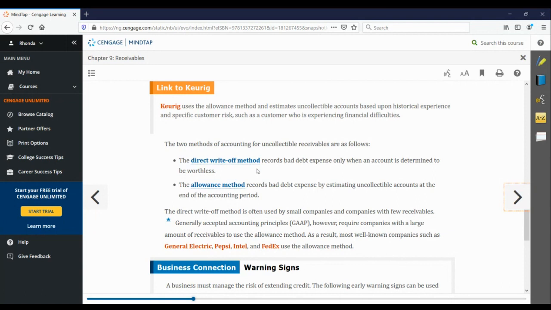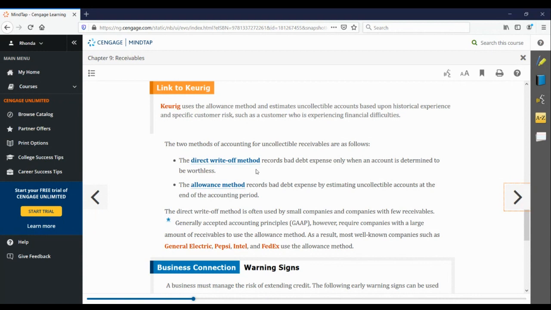The direct write-off method is used by companies that do not have a whole lot of uncollectible accounts. It's a simple method to use. Some companies prefer to use that, but it is not the best method that we can use to account for uncollectible accounts. An organization that establishes the rules for accounting is what we call the Financial Accounting Standards Board.